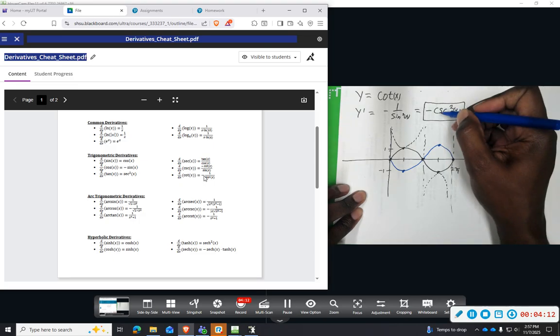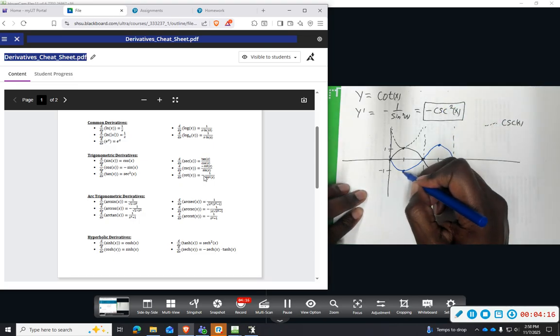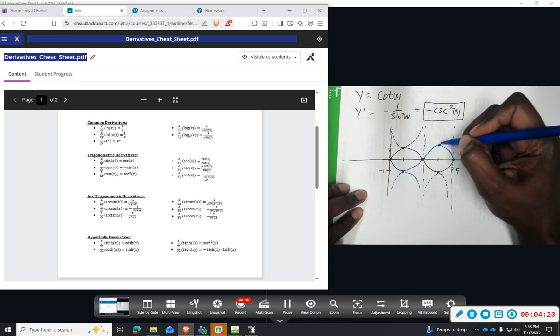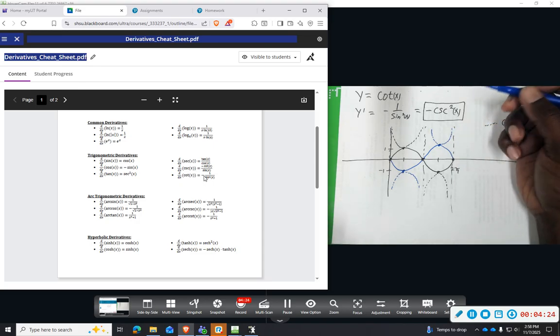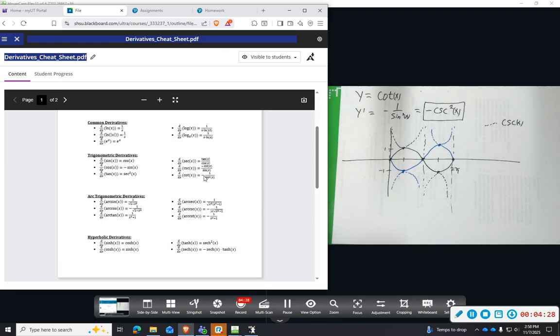And then 1 over that will look like so. So this is what we would venture to say the negative cosecant would look like.